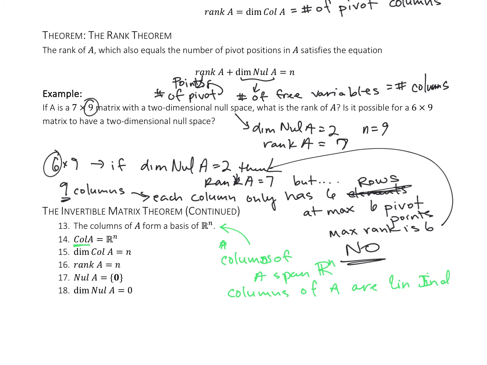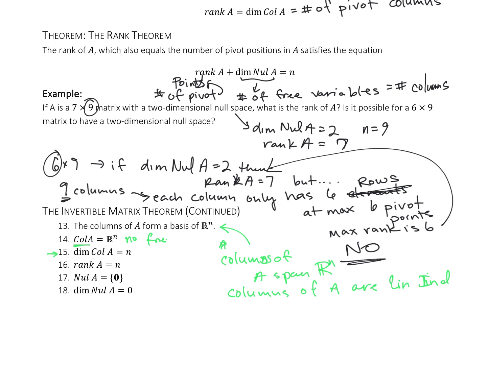The column space of A is equal to Rn because, if you remember, the dimension of that would be n, which means that I have no free variables, right?